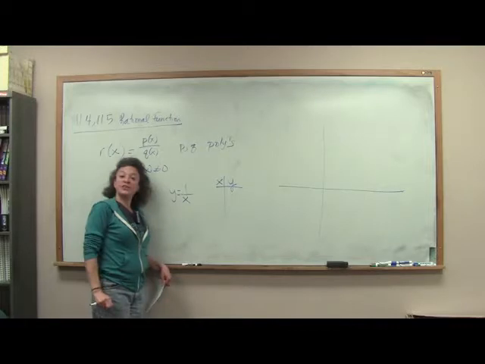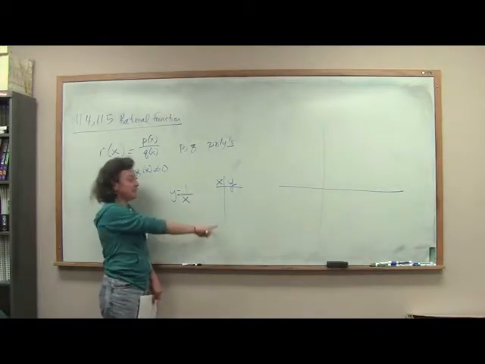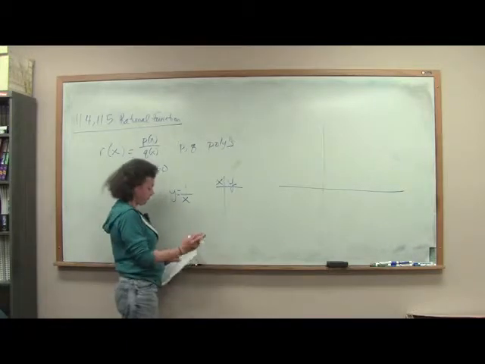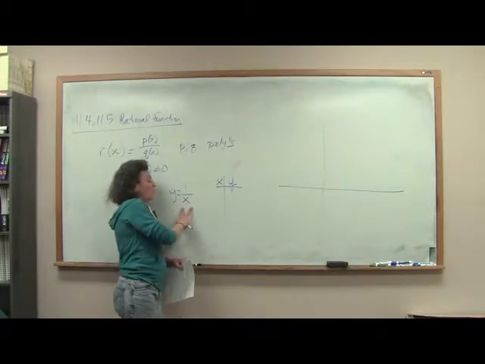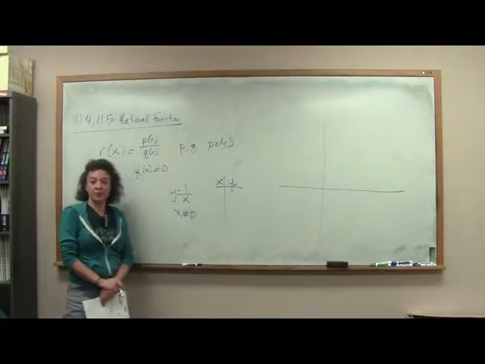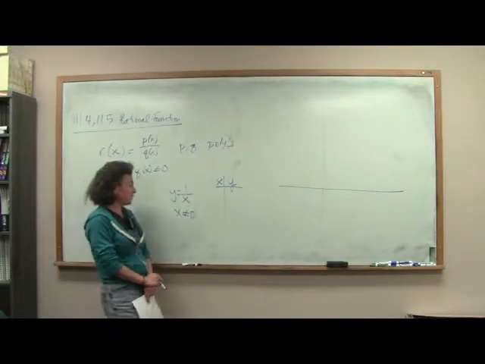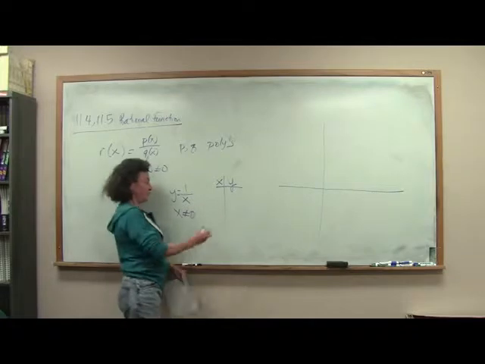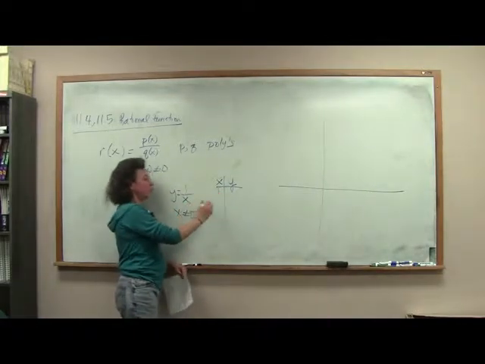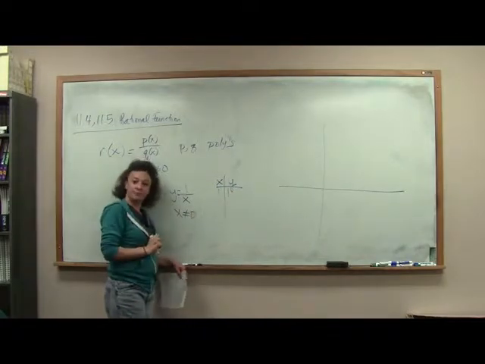All right, so what I want to do is make a t-table so we can plot some points and get an idea as to what's going on. Now, one thing we note is x can't be 0. Can't divide by 0. So we won't even start there. If I plug in x equals 1, then I have 1 over 1, which is 1.